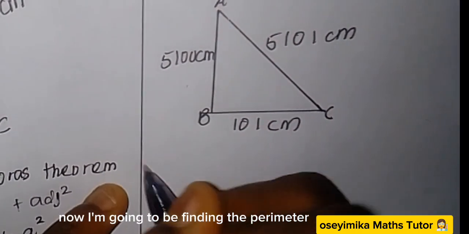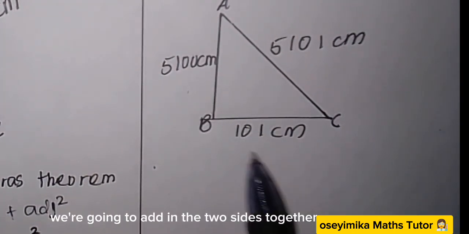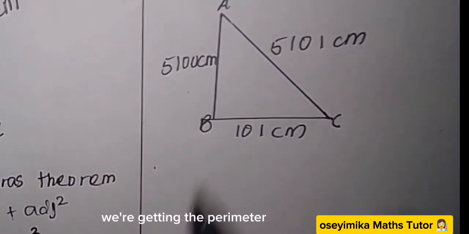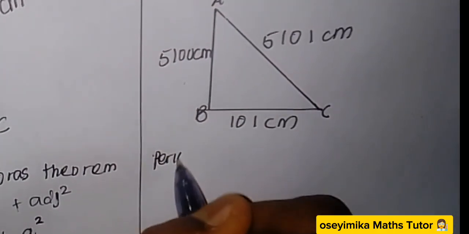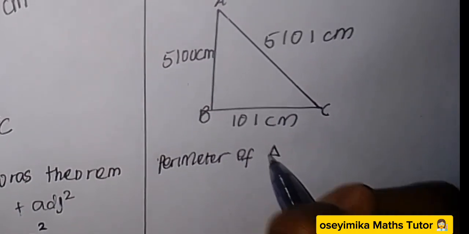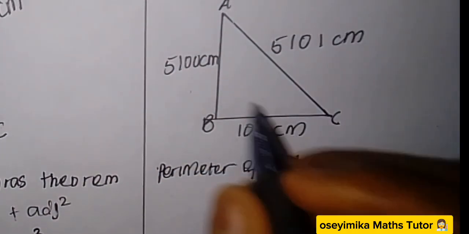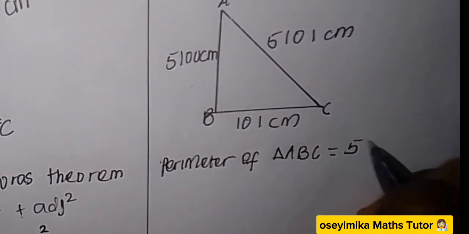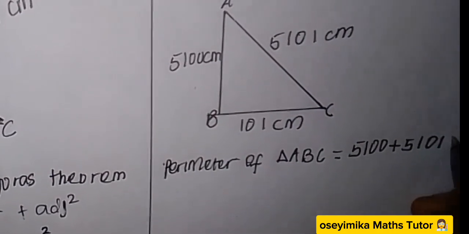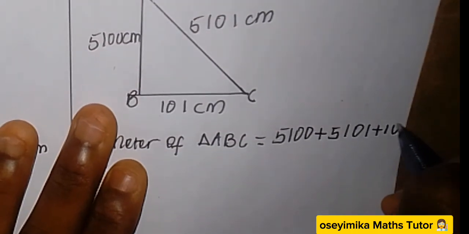Now we're going to be finding the perimeter. To find the perimeter of this triangle, we add the three sides together. So the perimeter of triangle ABC, our name is triangle ABC, is 5100 plus 5101 plus 101.